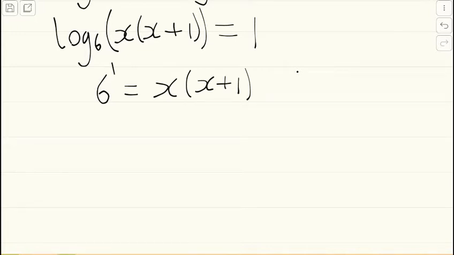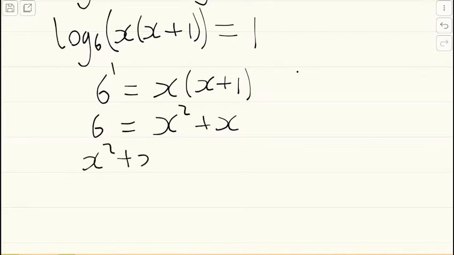I'll tidy that up. On the left hand side I have just 6. On the right hand side I expand. I get x squared plus x. I notice that I have a quadratic, so I'm going to make it equal to 0. So I'm going to say x squared plus x minus 6 is equal to 0.